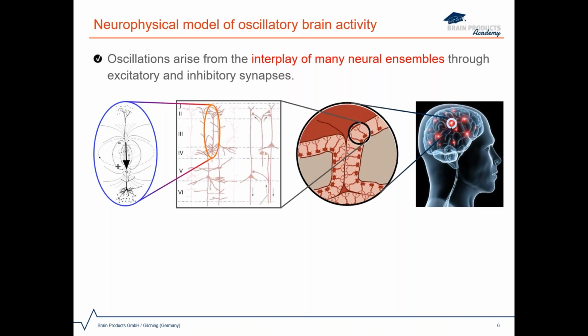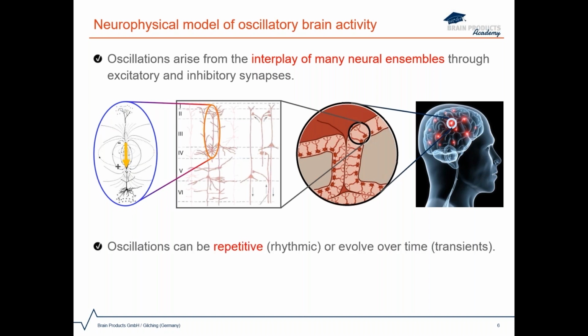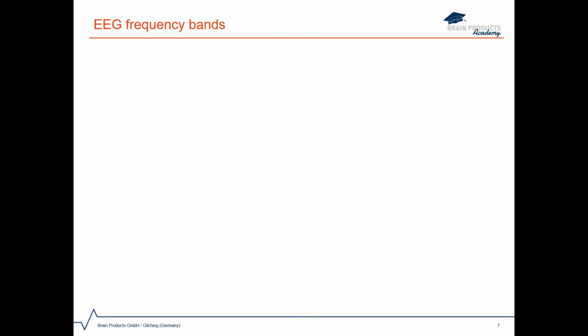The postsynaptic potentials of many of these pyramidal neurons, modeled as electrical dipoles, highly contribute to the signal measured by EEG. These major oscillatory activities can have a repetitive pattern, the so-called rhythmic activity, or evolve over time, the so-called transients. Moreover, oscillations can be classified as spontaneous, evoked, or induced.